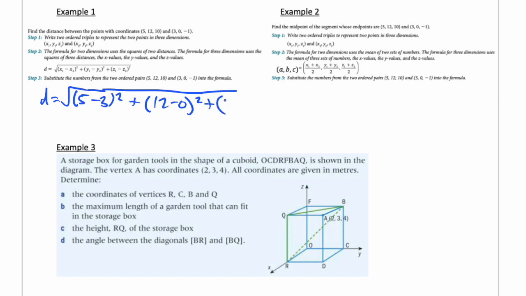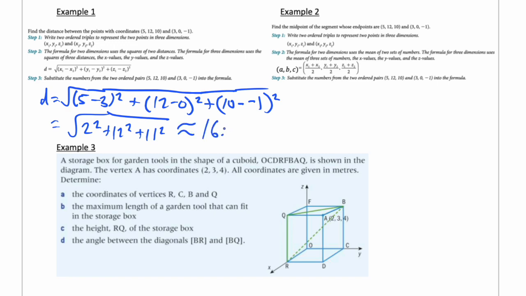And then 10 minus negative 1. Be careful of that. That's a negative 1. And there's a negative in the formula, so it's minus negative 1 squared. So it's root 2 squared plus 12 squared plus 11 squared. And you can type that directly into your calculator, and it spits out about 16.4.